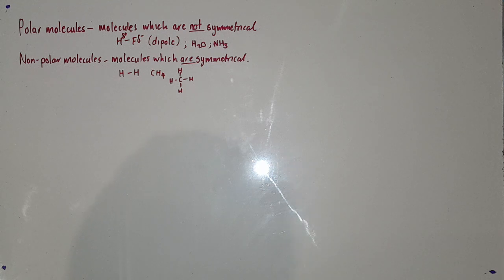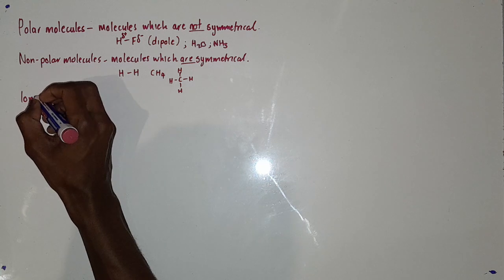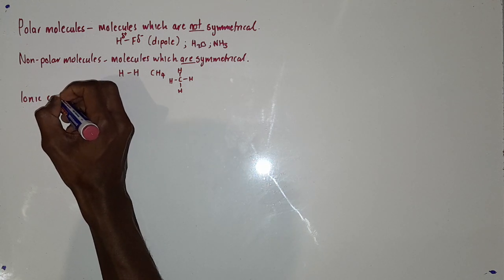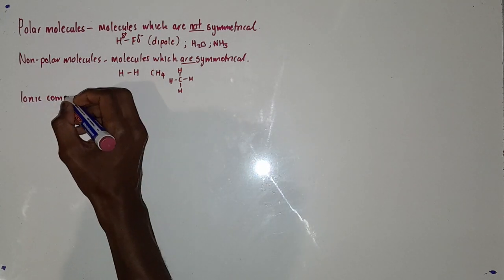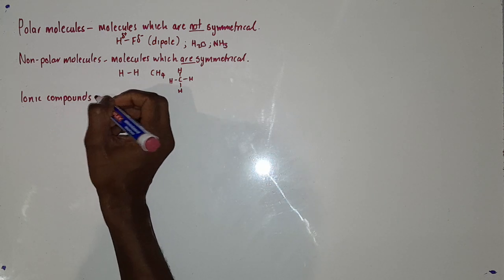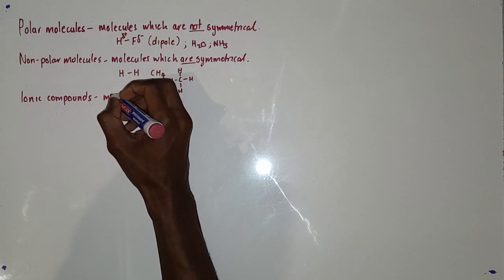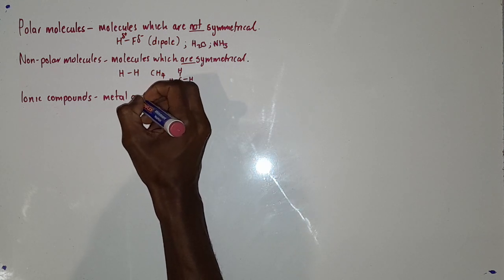Then okay, let me move now to ionic compounds. Ionic compounds, what are those now? You just need to know that ionic compounds consist of metal and non-metal.